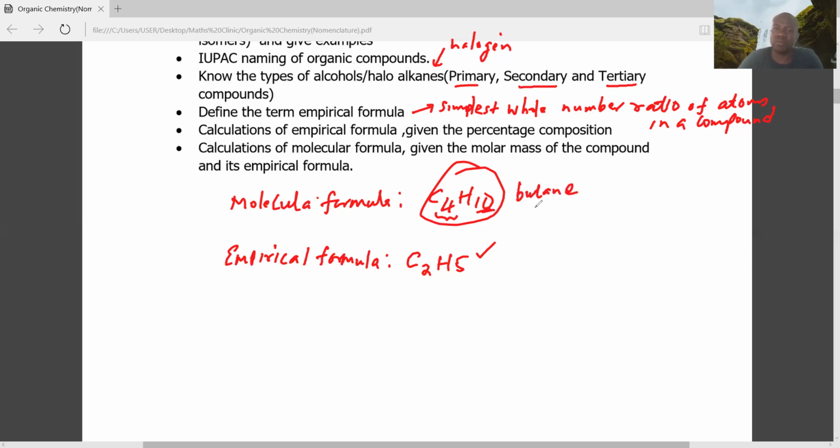Don't write the molecular formula; you have to write the simplest whole number ratio of atoms in a compound. Then again, you must be able to calculate the empirical formula when given percentage composition. I've already created a video for the empirical formula under stoichiometric calculations. Kindly go through that and understand how to calculate the empirical formula.